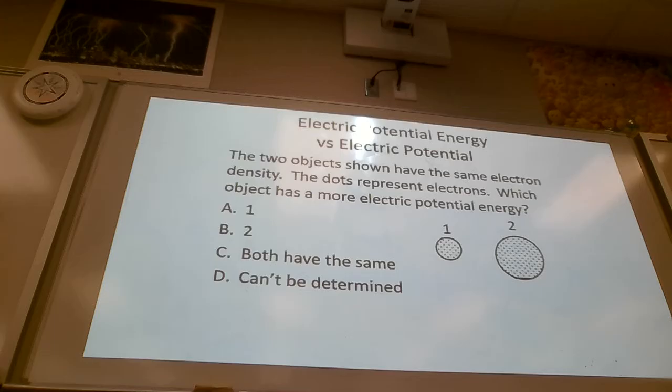Electrons are equally crowded. Tell your neighbor what you think.